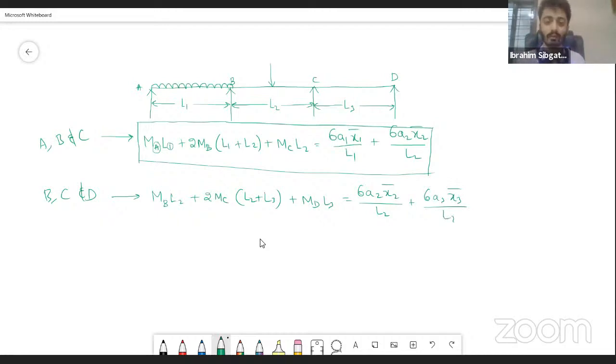Okay, this is the only difference. Now, if you are able to understand this difference, then no matter how many supports are there in the question, you can literally just solve them.